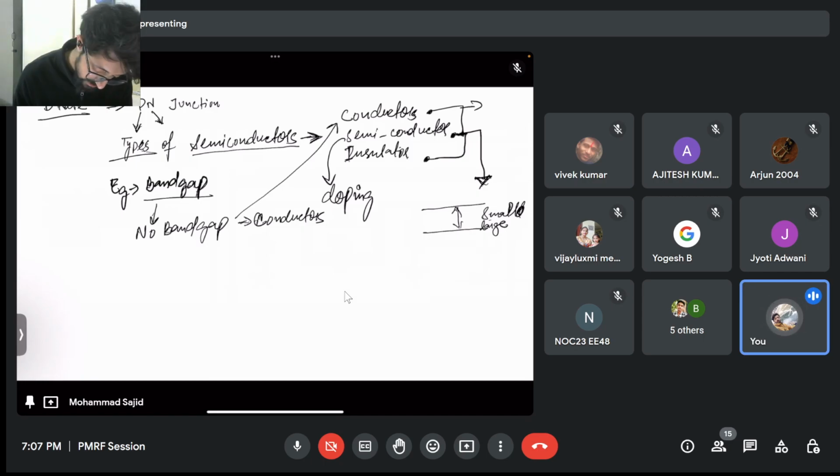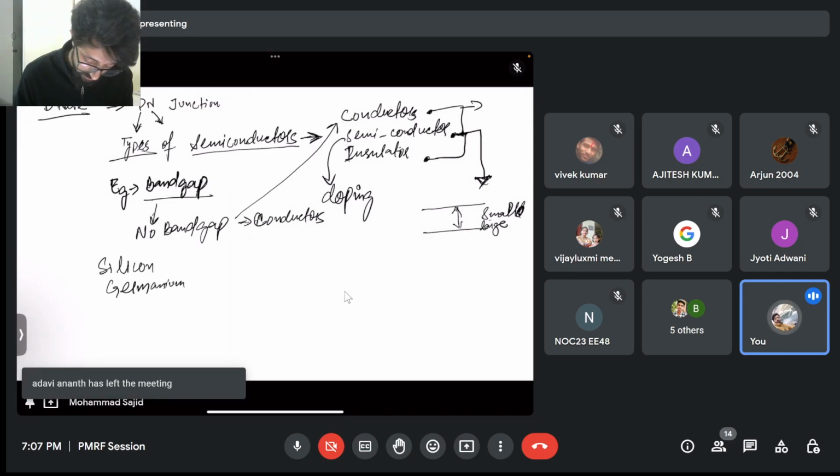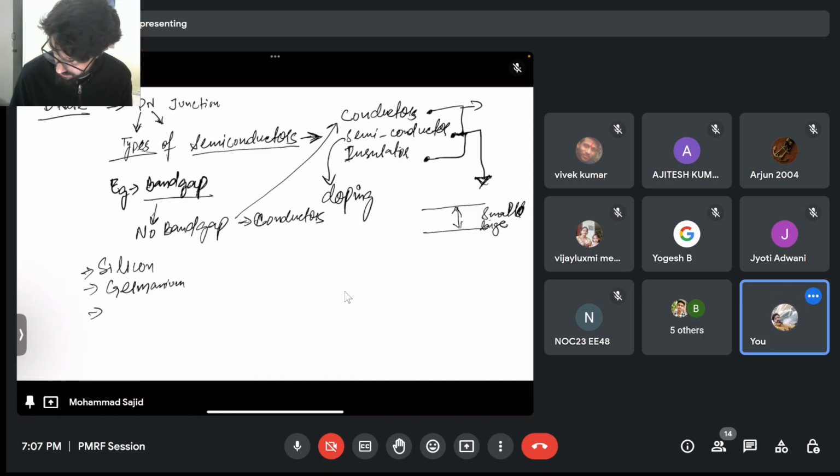You have silicon, which you may have heard about, and germanium. When you go higher in your studies, there are further semiconductors like silicon carbide and gallium nitride. You don't need to worry about these.